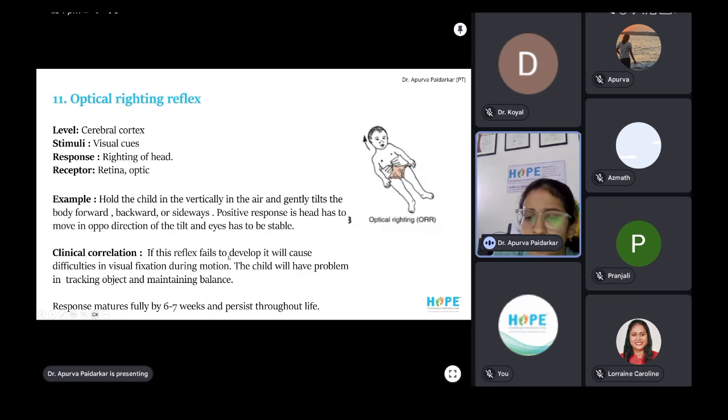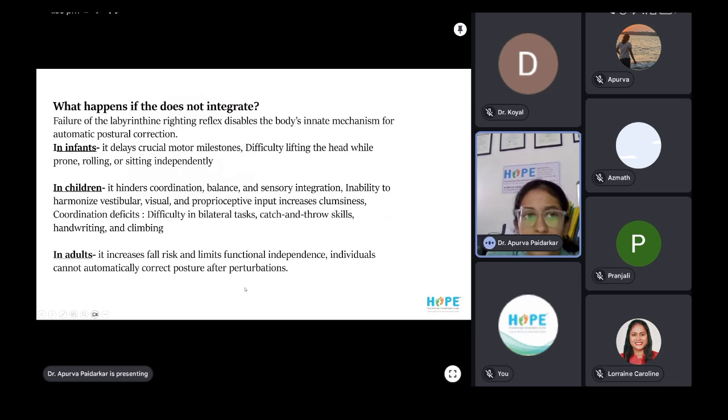If this reflex fails to develop, it will cause difficulty in visual fixation during motion, and the child will have problems tracking objects and maintaining balance. This response has to fully mature by 6 or 7 weeks and persist throughout life.